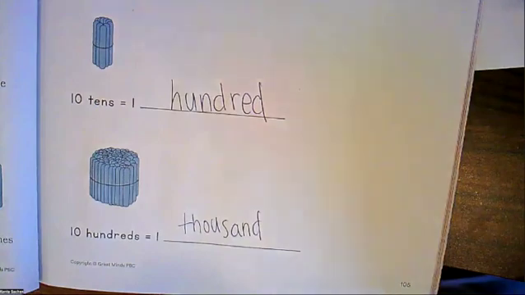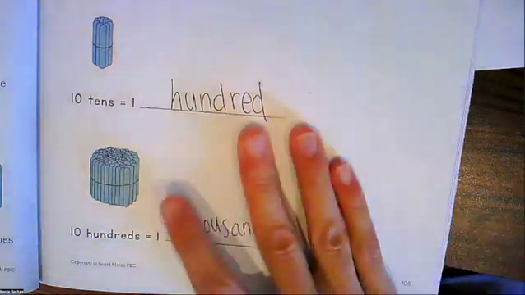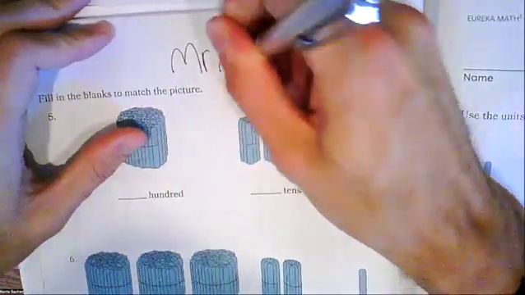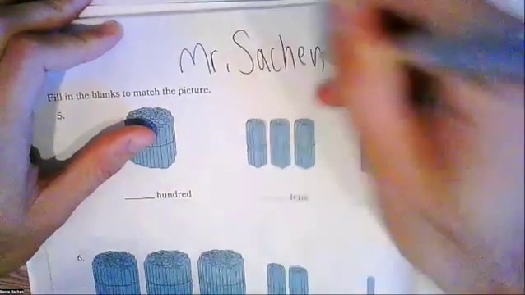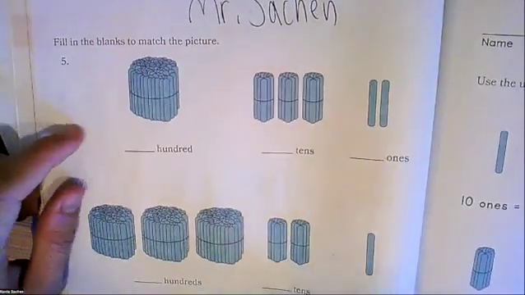Good job. Okay. Now time for your exit ticket here. So first thing I want you to do is on top of this paper, please write your name. Okay, I'm going to write Mr. Sachin because that's my name. I want you to write your name, because sometimes we forget to write our names.